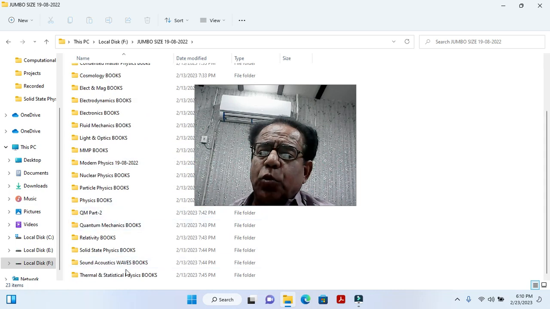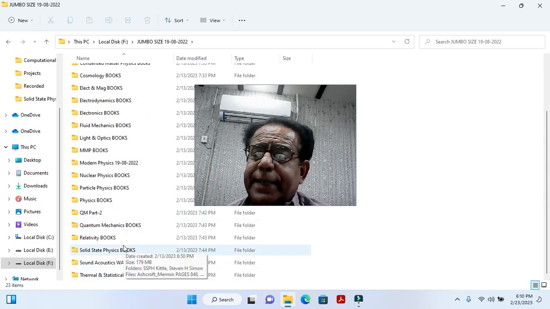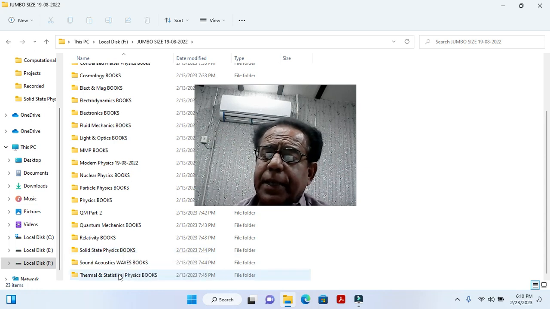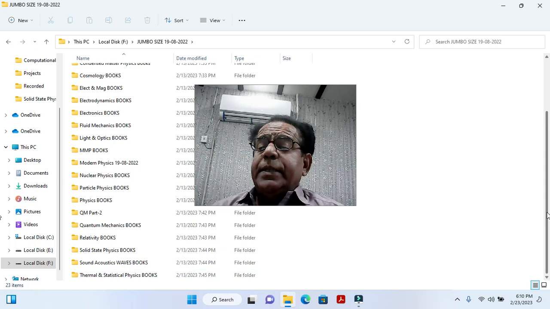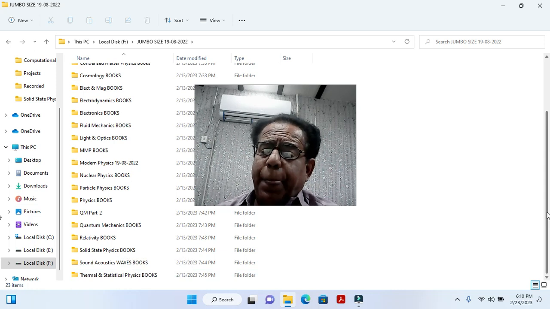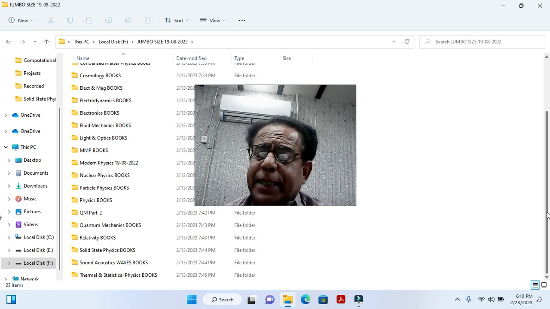This is the folder, thermal and statistical physics. Thermal and statistical physics can also be given the name thermodynamics and statistical mechanics.